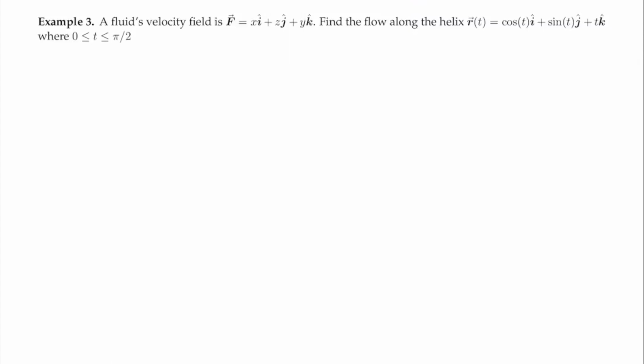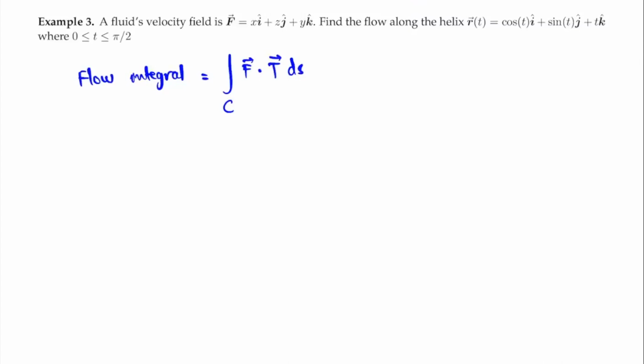Anyway, so you have the fluid, you have the vector field, you have a curve, in this case the helix. Let's calculate the flow. The flow integral is equal to the line integral of f dot T ds. But in practice, we're not going to use this formula.